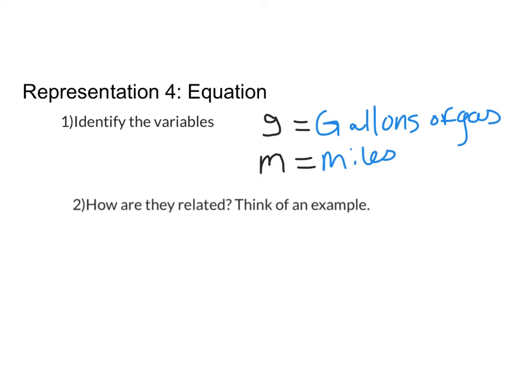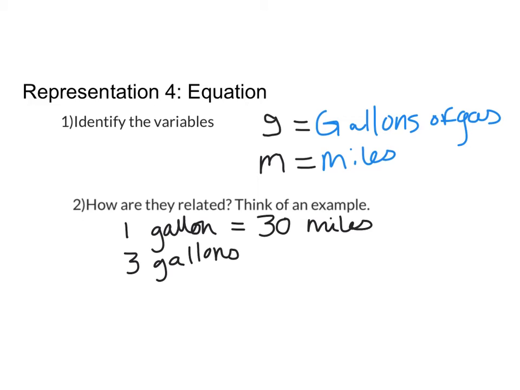Next, we need to think about how those variables are related. And I always find that it helps to think of an example. So we know that the miles depends on the gallons that you have. For example, if you have 1 gallon, then you could drive 30 miles. Let's do another one. I know that if I have 3 gallons, I could drive 90 miles.